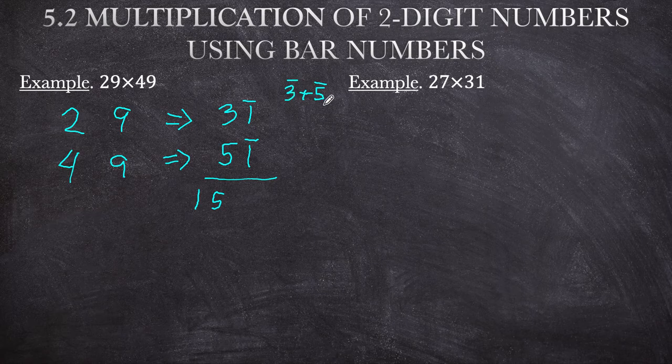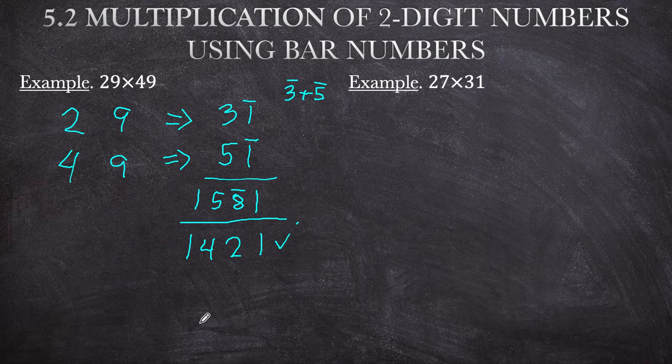So bar 3 plus bar 5 gives us bar 8. And then bar 1 times bar 1, so negative 1 times negative 1, gives us positive 1. We use the sutra, all from 9 and the last from 10. This becomes 1, 4, 2, 1, and that's the answer when we multiply 29 times 49.